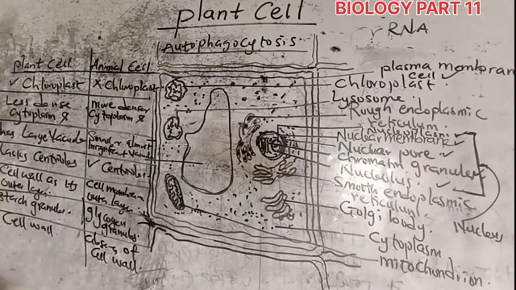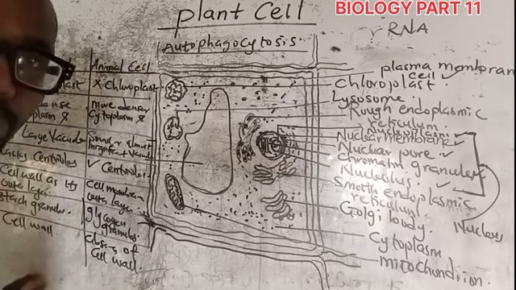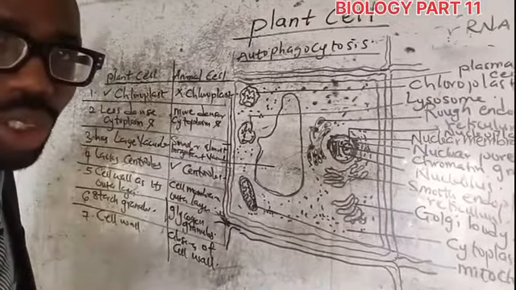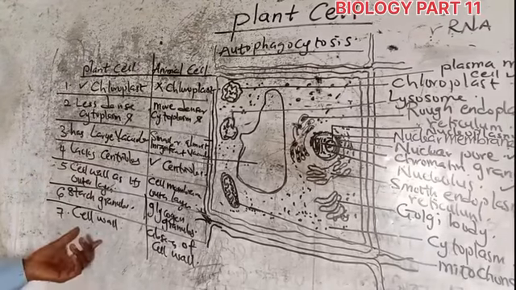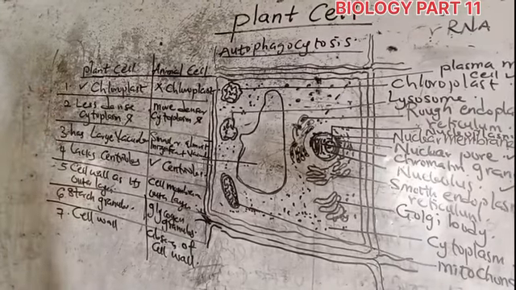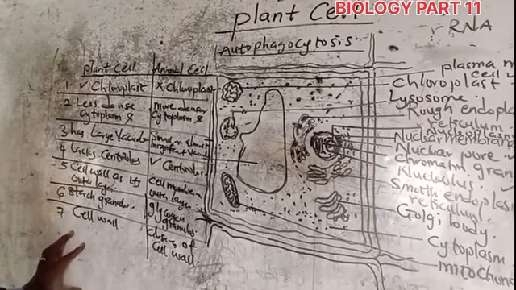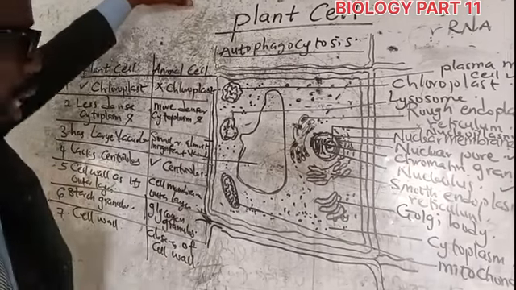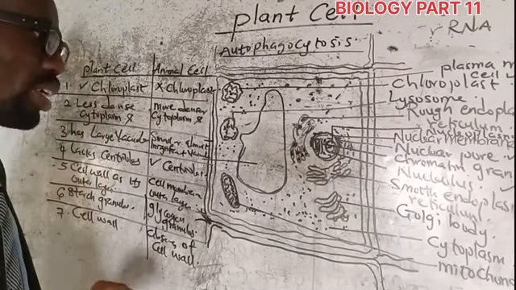But I know if WAEC, or any theory-based exam body, will ask you, they will always give you five. But it's good to know as many differences as the case may be. So with this, we come to the end of the description of the plant cell and also the differences between plant cell and animal cell.